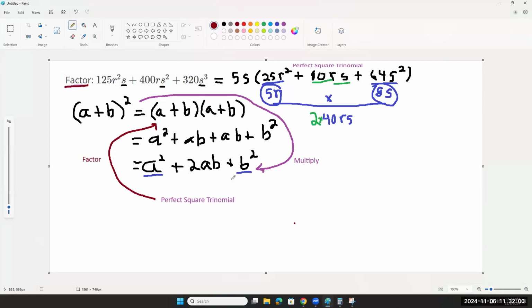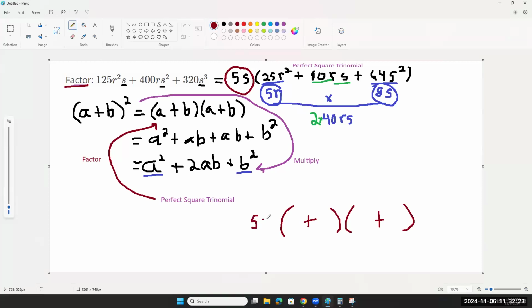So what I'm going to do is put parentheses and pluses. Now, I still need this piece.